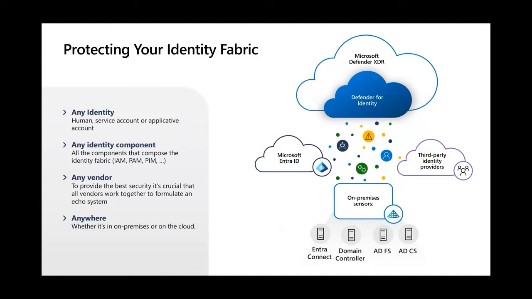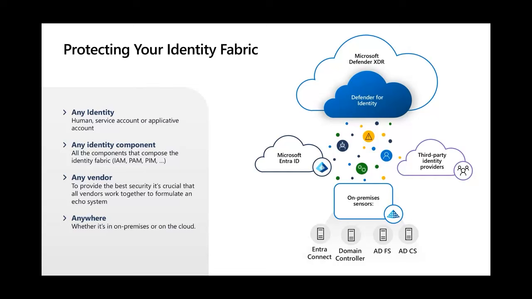So when we're talking about protecting your identity fabric, when we're talking about ITDR as a platform, what do we mean? What are we talking about protecting? Well, essentially, we're talking about protecting everything that's identity related. In short, any identity: human identities, people that are logging in, logging out, whether they've got multiple accounts or not, we should be protecting all of those human accounts.